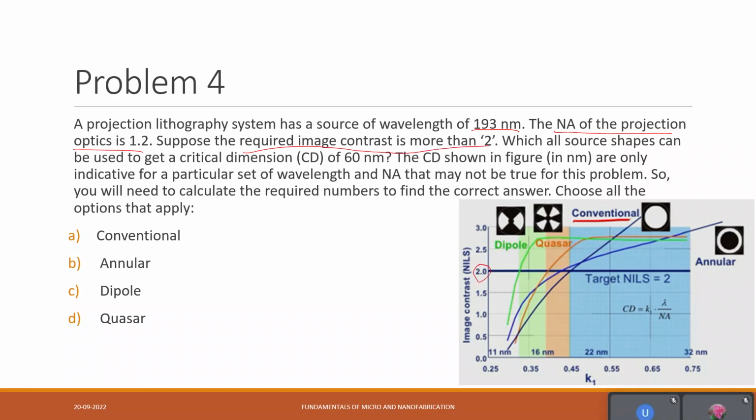Which source shapes can be used to get a critical dimension of 60 nanometer? So you have to calculate what you are getting, and depending on that we have to tell which of the following geometrical sources of light is the ideal one.